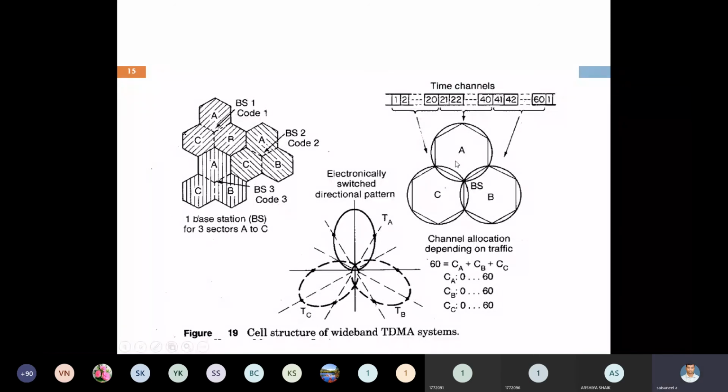Of the total 60 channels available, 1 to 20 are allocated to C, 21 to 40 to A, and 41 to 60 to B. That is, channels A plus channels B plus channels C equals 60. Similarly, this is a pattern. Suppose I have to fix a directional pattern here. This is for A system transmission, B system, and C system.